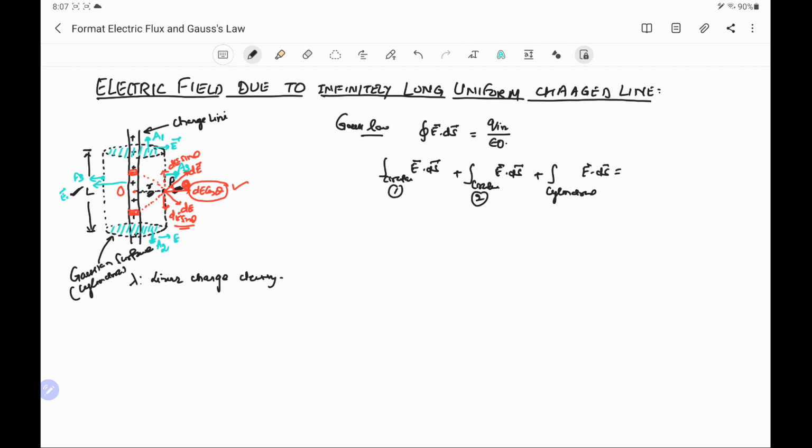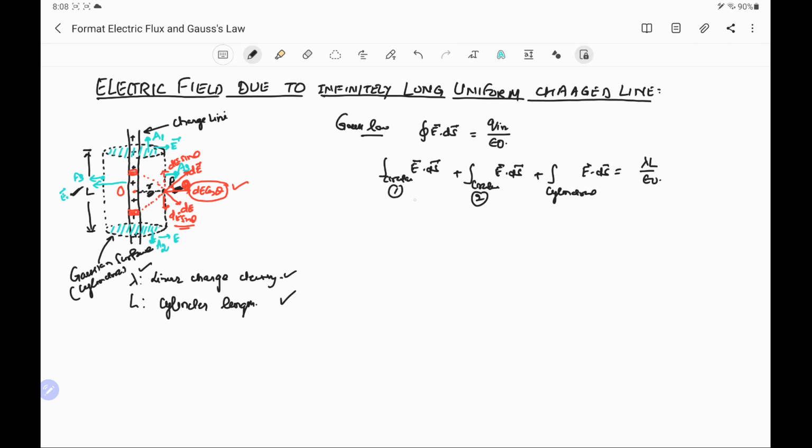The linear charge density is lambda and the length of the cylinder is L. Therefore, the charge enclosed by the Gaussian surface will be the charge density multiplied by the length of the rod inside the cylinder, and it will be lambda L divided by epsilon naught.